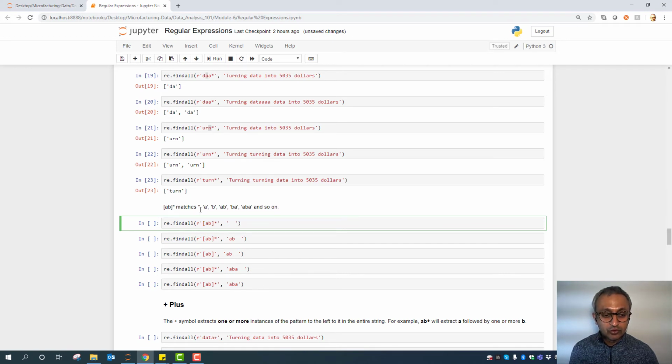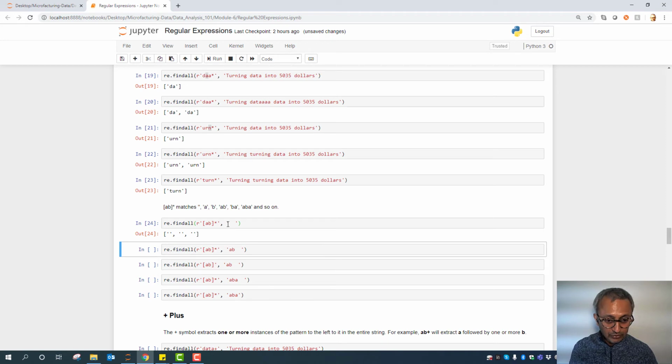It's going to match 0 occurrences of A or B. It's going to match A, it's going to match B, it's going to match AB, BA, ABA, any number of AB, BB, whatever it is. There are 3 spaces with no A or B in here, so it's able to extract the 3 spaces because it says 0 or more.